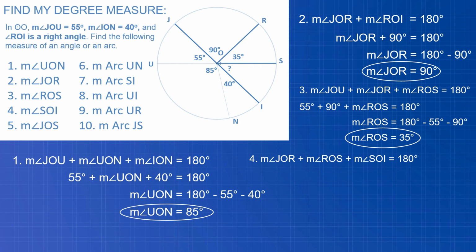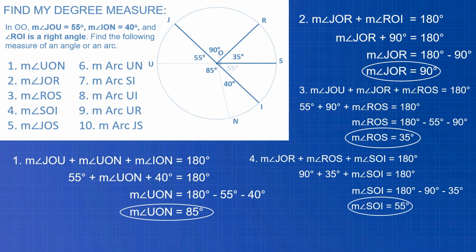Now, substitute the value of angle JOR and angle ROS and then simplify. Use subtraction property of equality, we have 180 degrees minus 90 degrees minus 35 degrees. And then simplify, we have the measure of angle SOI equals 55 degrees.